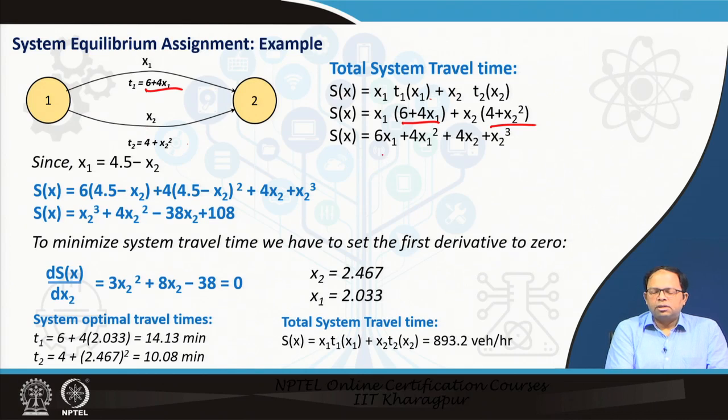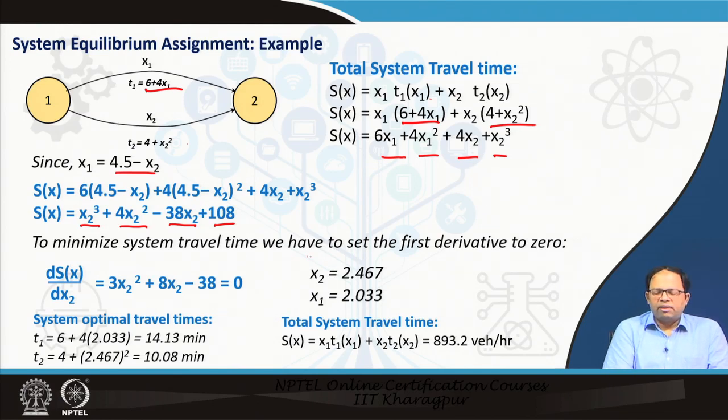So, S(x) equals 6x1 plus 4x1 squared plus 4x2 plus x2 cubed. Again, replacing x1 with 4.5 minus x2, we get S(x) in this particular form, which leads to x2 cubed plus 4x2 squared minus 38x2 plus 108. So, this is the total system travel time that we need to minimize.